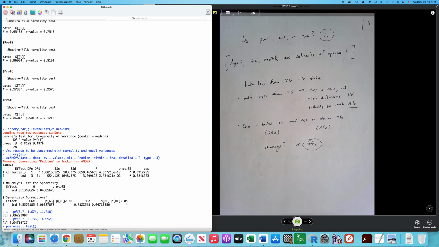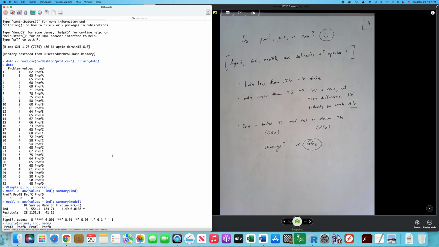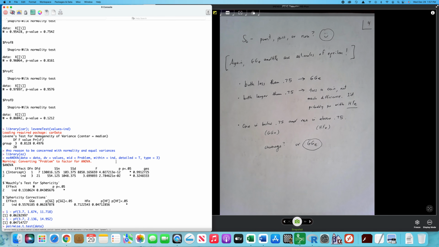So I would, let's see, I did call this data, right? Yeah. So I would go data values, data independent, paired equal true, and p adjust method equal Bonferroni.